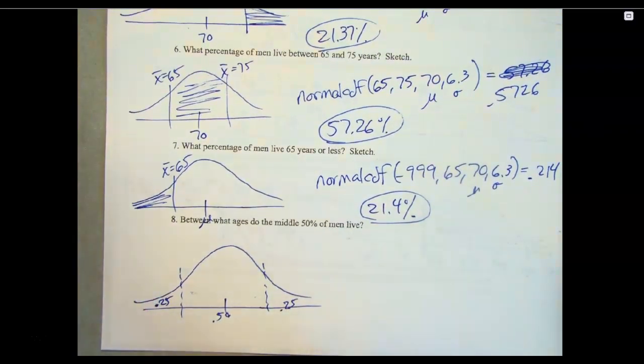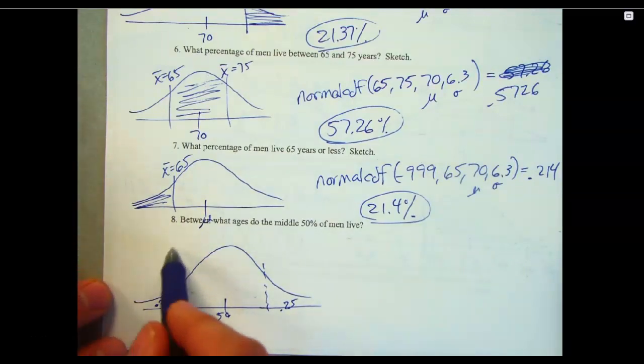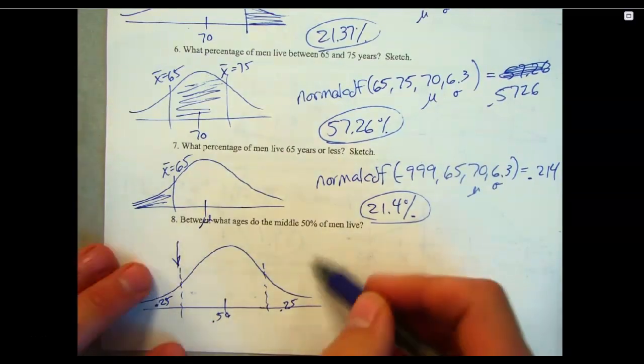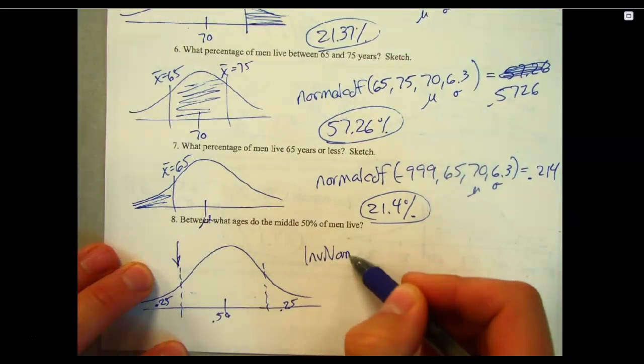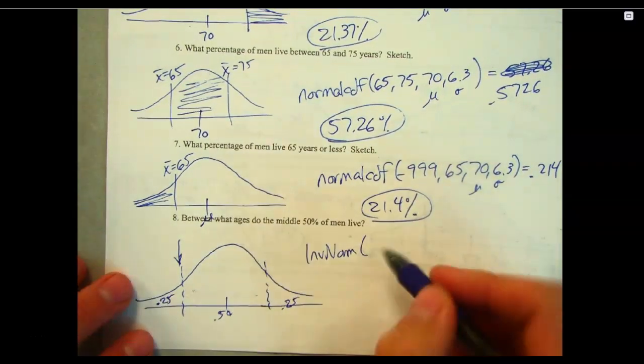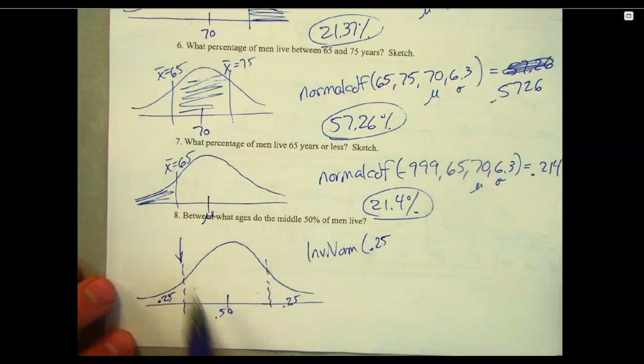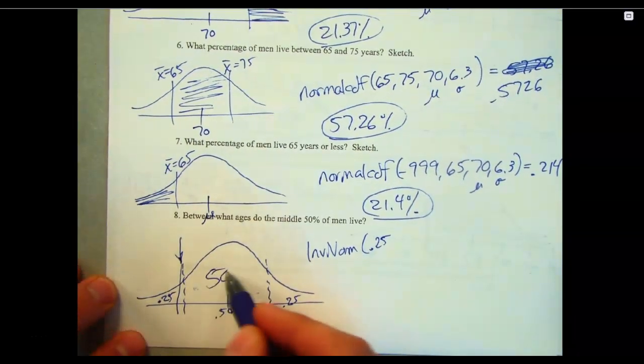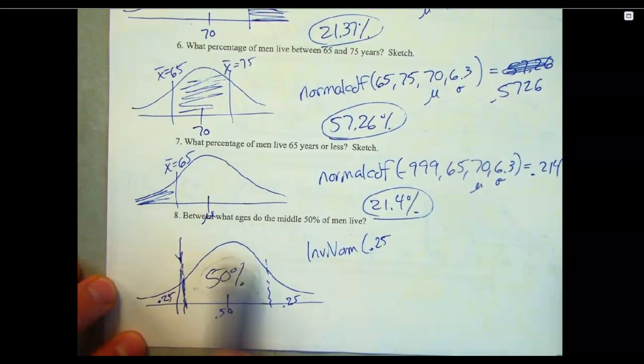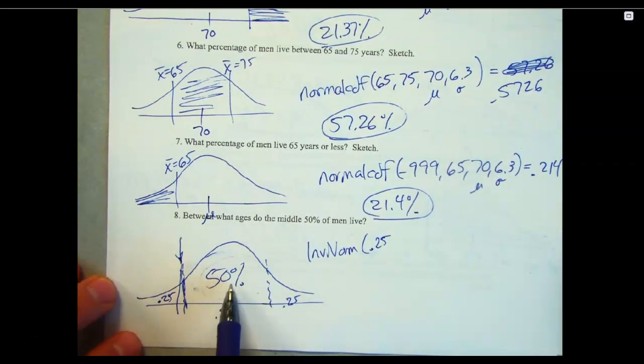So now it's backwards because I'm giving you the percent. So now what am I going to use? I'm going to use the inverse norm. To find this number right there, I'm going to do inverse norm of 25. So I'm putting 50% in the middle, but I can't really type this in. I can't type 50% because the calculator doesn't know I'm looking for the middle.